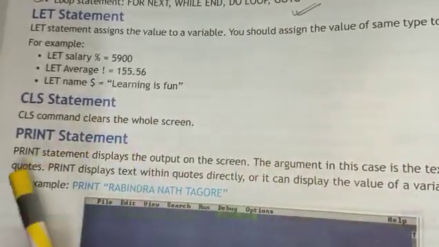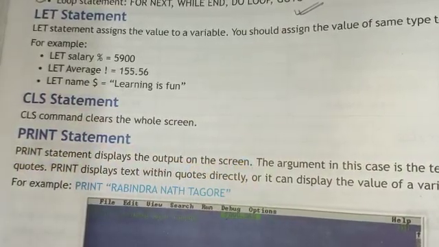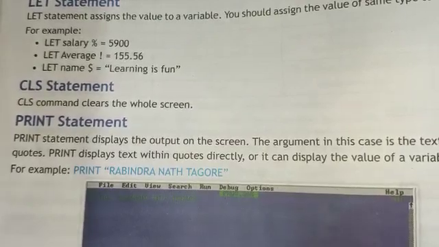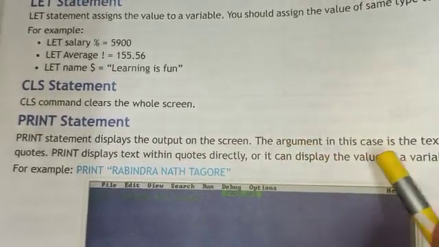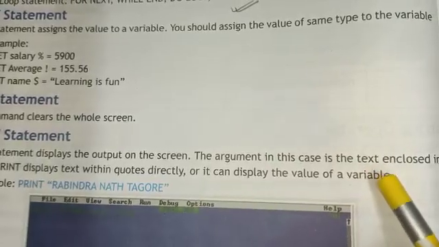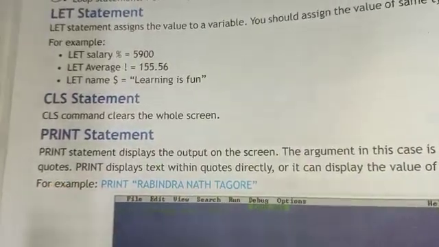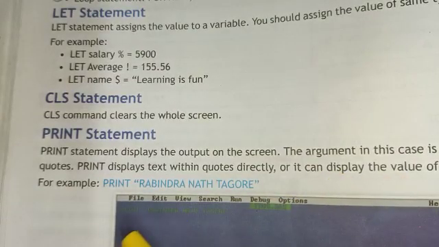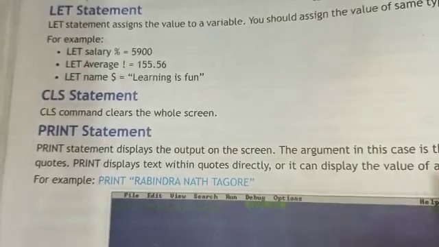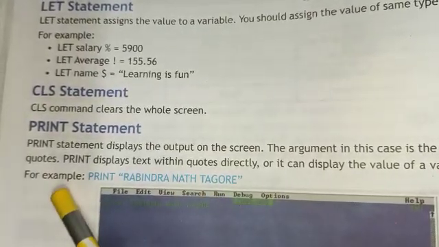Print statement. The print statement displays the output on the screen. The argument in the print statement is the text enclosed in double quotes.